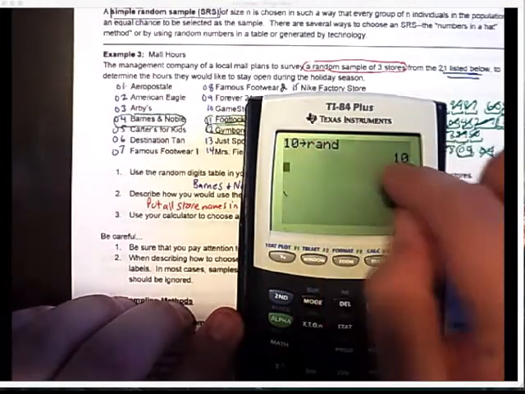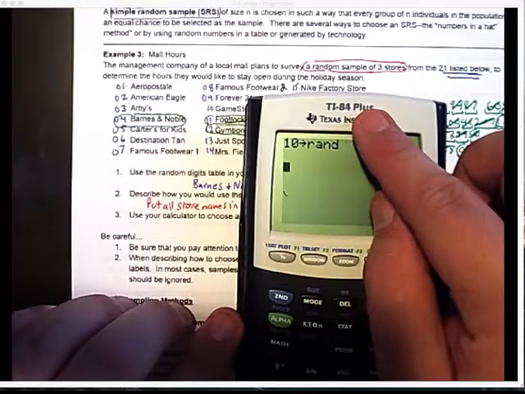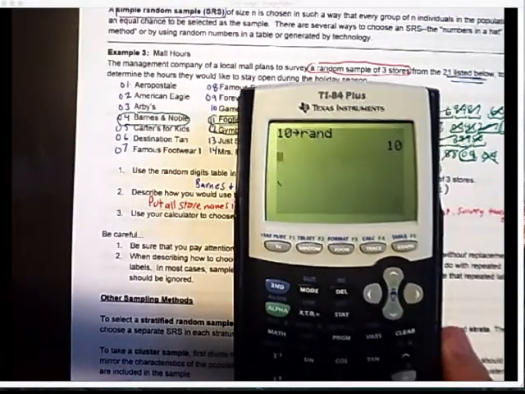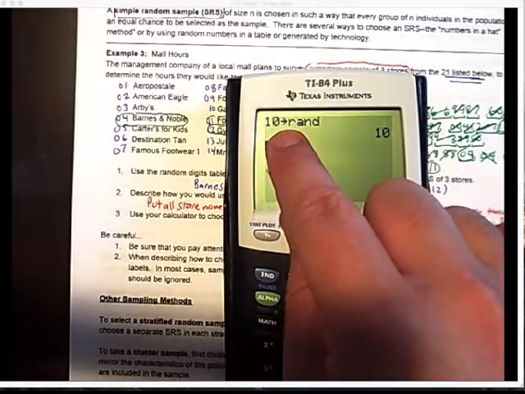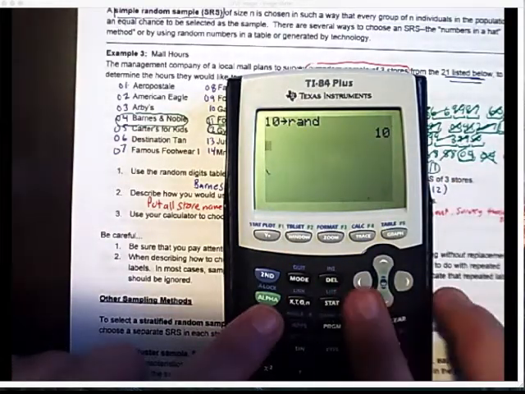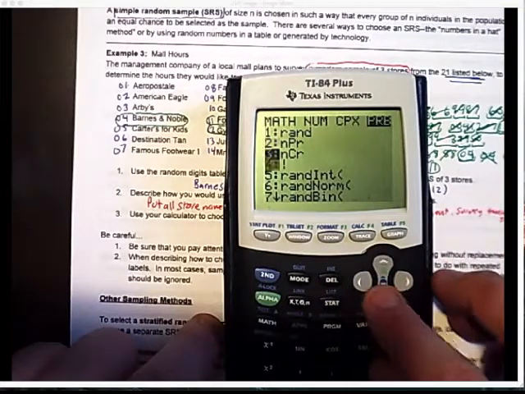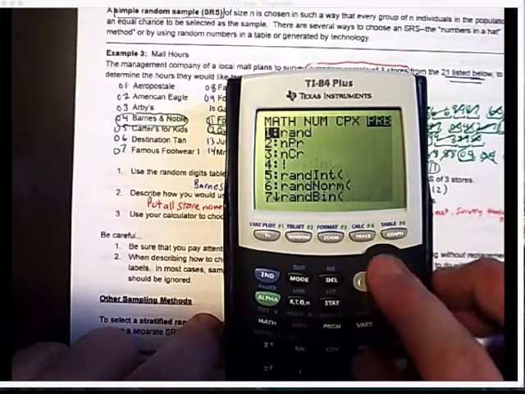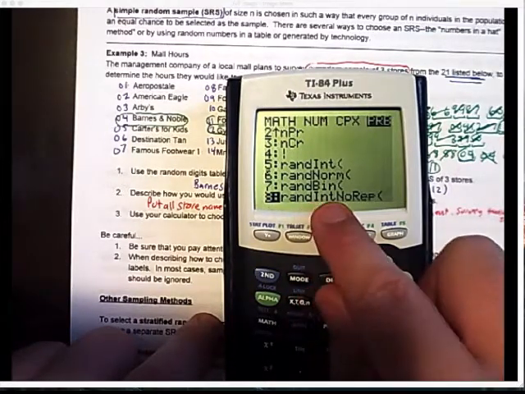Now, if you're using the same model calculator that I am, what I do next, you should get exactly the same listing. But here's how we can do this in the calculator. Here's how we can get random digits. You pick a number to seed, all right? And now you go math, go back over to probability, and scroll down until you see the option that says rand int no rep.